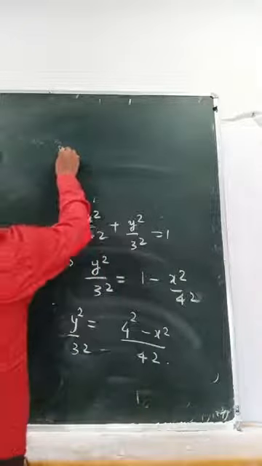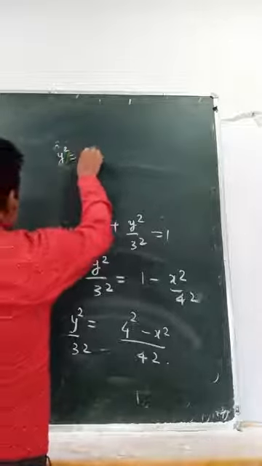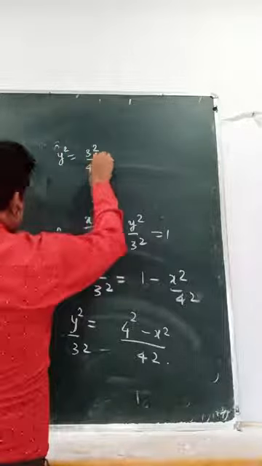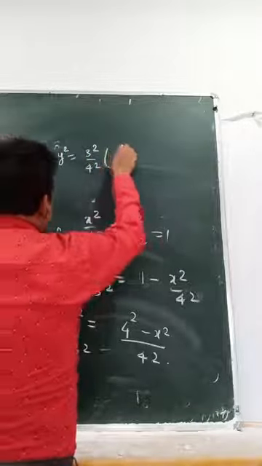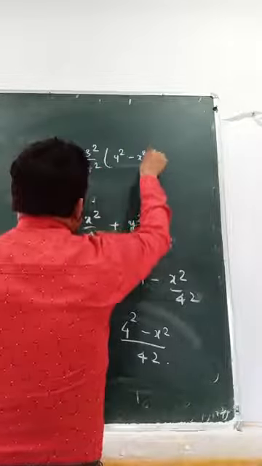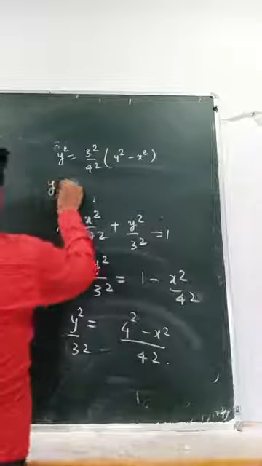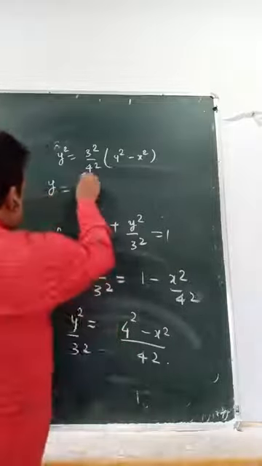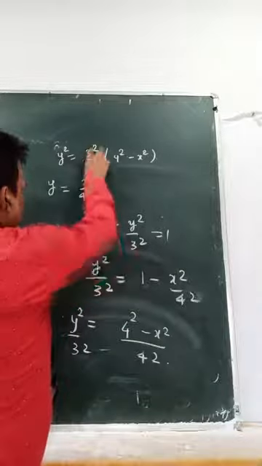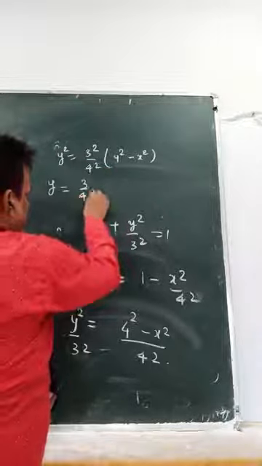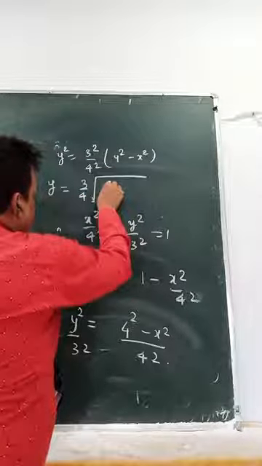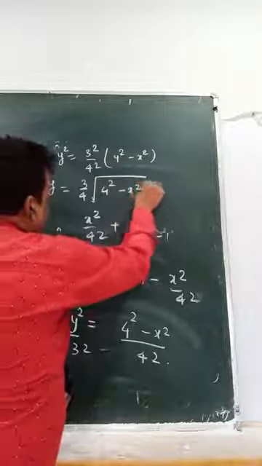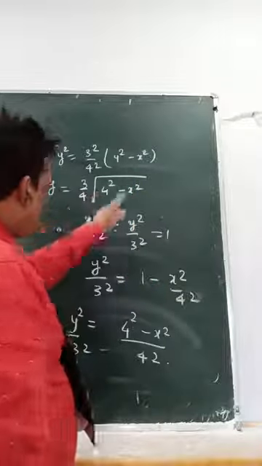So y square equals 3 square by 4 square, into 4 square minus x square. So y equals, because you need to find y, root over 3 by 4, 3 square by 4 square will be 3 by 4, root over of 4 square minus x square. That means I got y.